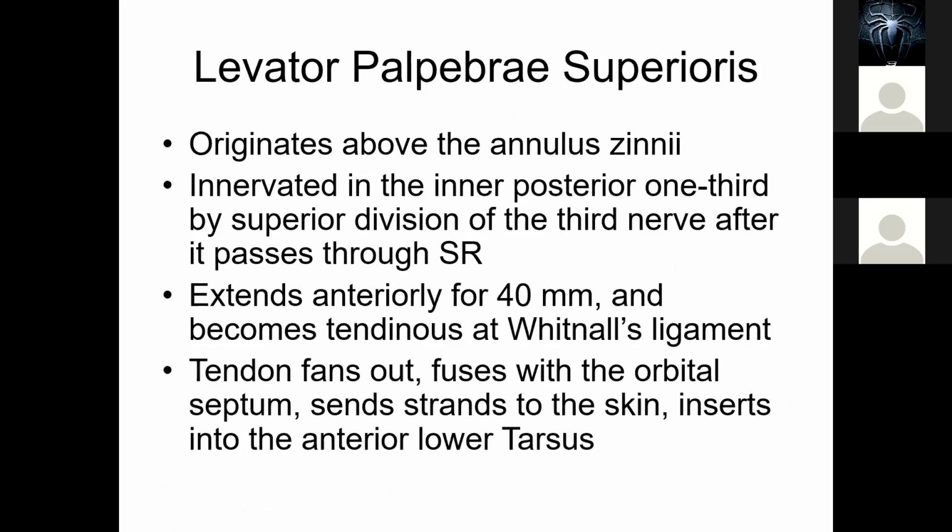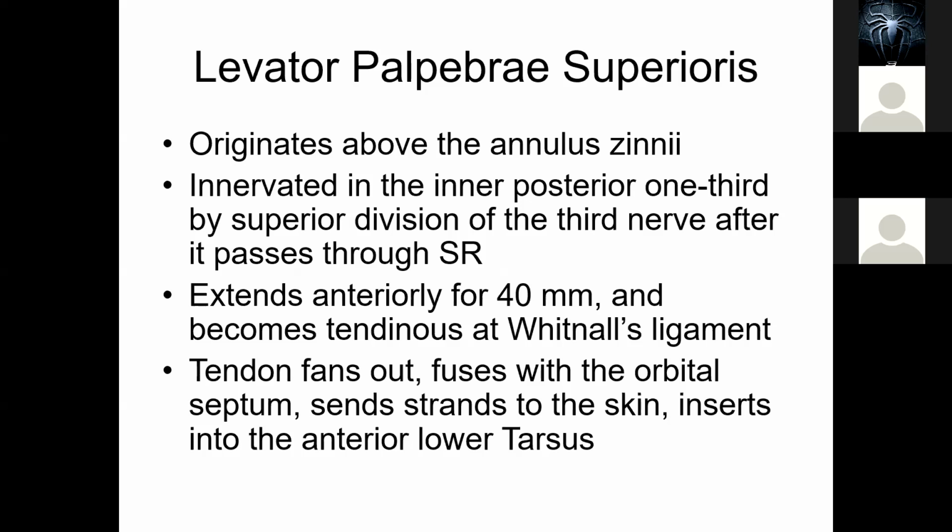Now, there's a muscle we call the levator palpebrae superioris, and this is the major muscle that helps the upper eyelid to move, to open and close. It's said to originate from the annulus of Zinn, and it's innervated in the inner posterior third by the superior division of the third nerve after it passes through the superior rectus.